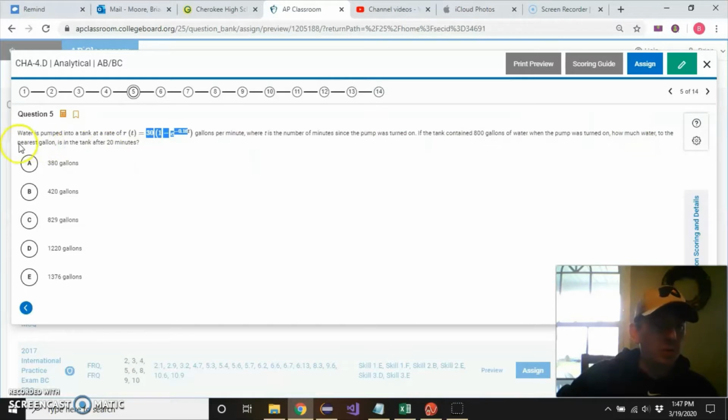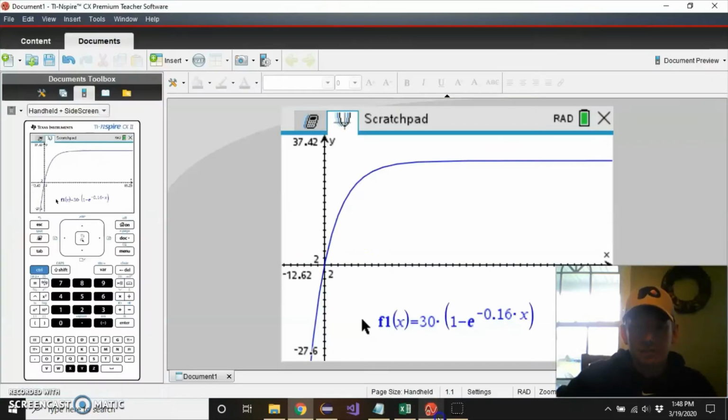So we want to know how much water is in the tank after 20 minutes. Okay, well, if we integrate the gallons per minute function, then we should get just regular good old-fashioned gallons. So let's integrate that nasty function between, I guess, 0 and 20 minutes, and we'll find the change in gallons.